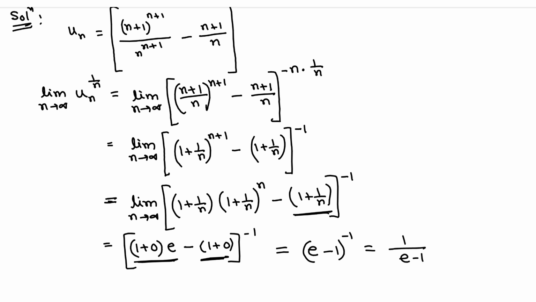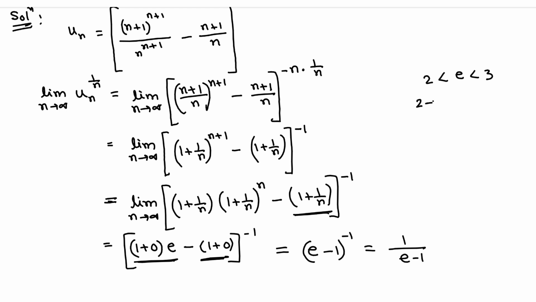Now the question is, is 1 by e minus 1 less than 1 or greater than 1? Let's understand. We know the value of e is between 2 and 3: 2 less than e less than 3. We have to make this form 1 by e minus 1, so let's subtract 1.